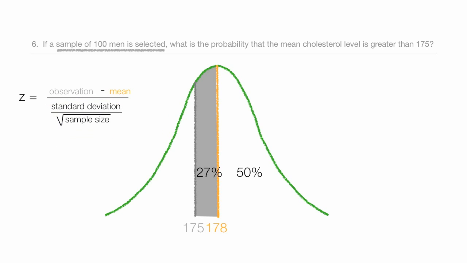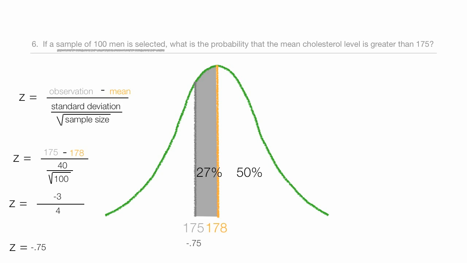Now we just have to plug and chug. So we take the observation of 175 minus the mean of 178 divided by the standard deviation, which is still 40, divided by the square root of 100. So z equals negative 3 divided by 40 divided by 10, which is the same as negative 3 divided by 4, which is equal to 0.75.